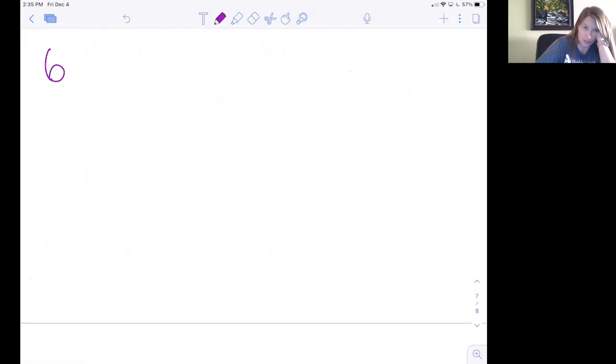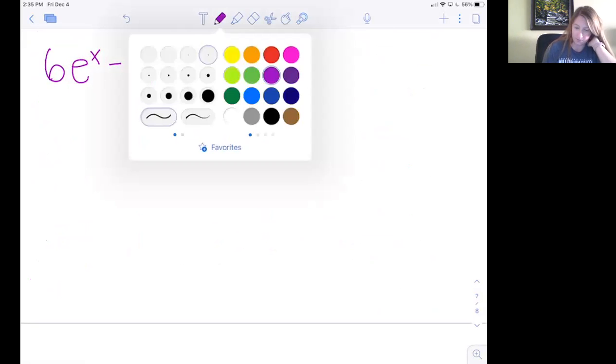So we've got 6 e to the x minus 9 equals 9. Okay, when you're dealing with this e, your first step is to get e by itself. So I want just e to the x and everything else on the other side.